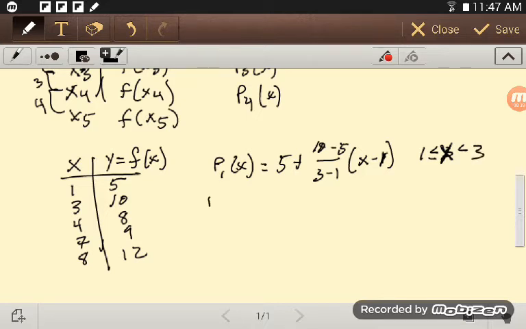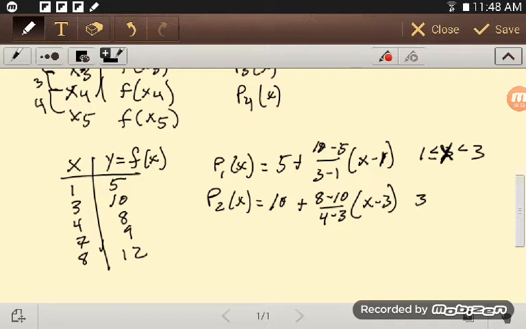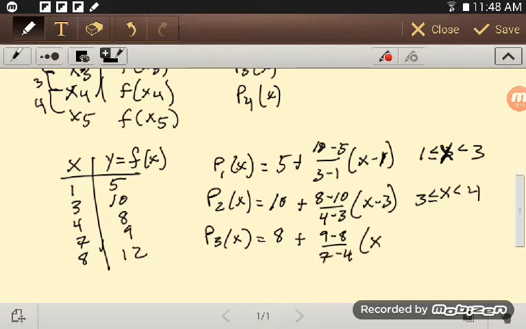And then I have P2 of x, which is 10 plus 8 minus 10 over 4 minus 3 times x minus 3, and that goes from 3 to 4. And then P3 of x is 8 plus 9 minus 8 over 7 minus 4 times x minus 4.